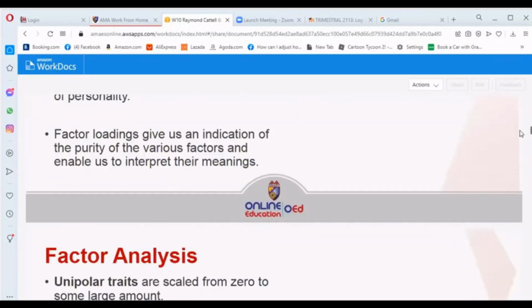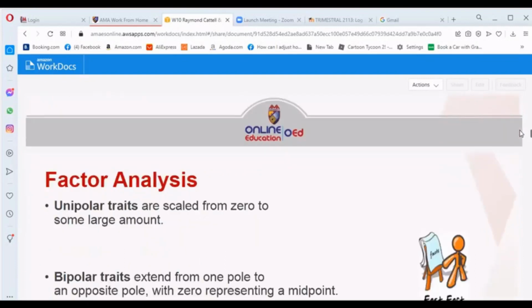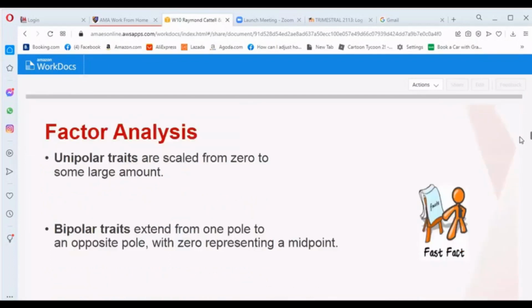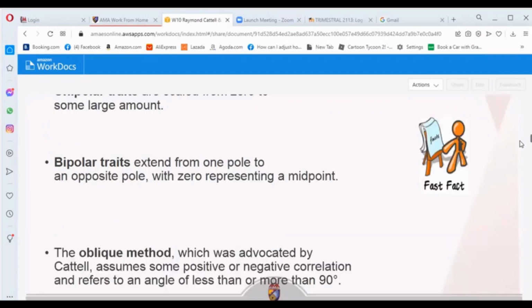Under factor analysis, we have unipolar traits, which are scaled from 0 to some large amount. We also have bipolar traits, which extend from one pole to an opposite pole with 0 representing a midpoint. This is the mathematical side of factor analysis.